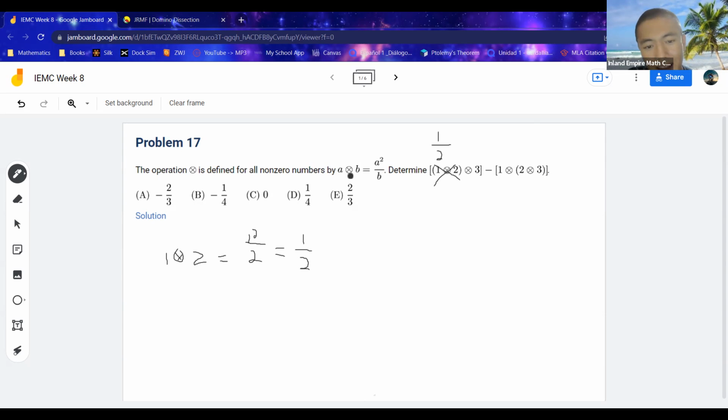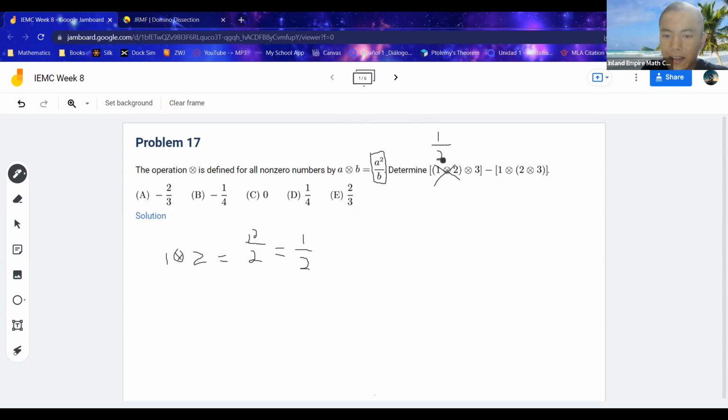And when you put a and b next to the operation, you get this. Does that make sense? It's like a special operation. Okay. And as I was saying, you just plug 1 here for a and 2 for b, and you use the operation definition here, and you would get 1 squared over 2, which is 1/2. Does that make sense? Pretty much.